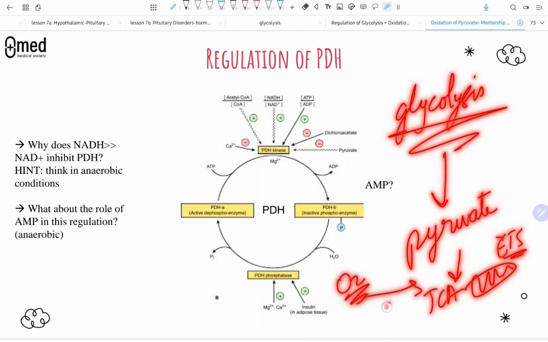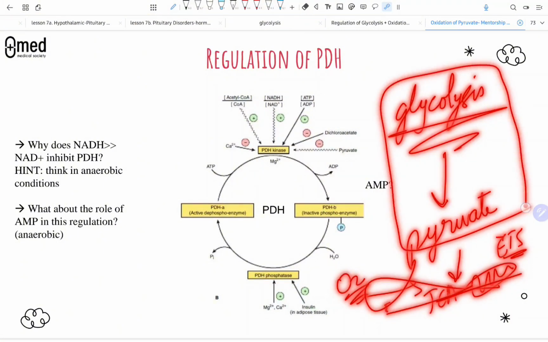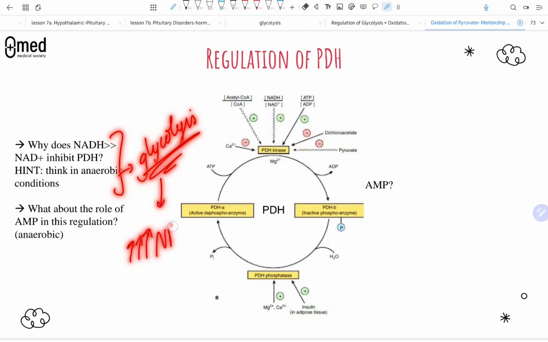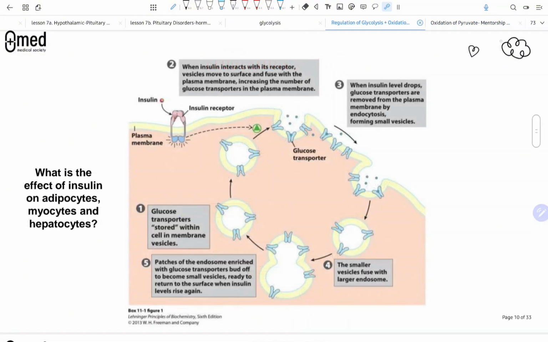So it's telling you that NADH inhibits PDH in anaerobic conditions. So we don't have this process. So we're entirely depending on glycolysis. Since the cell is entirely depending on glycolysis, then that means it has an increased demand for what? NAD+, right?